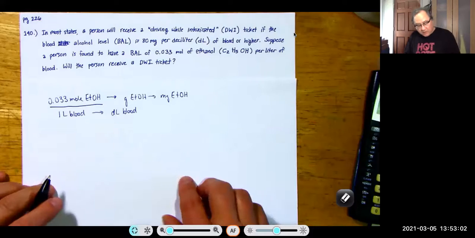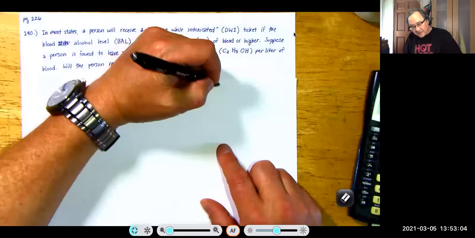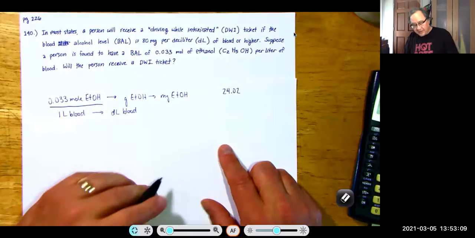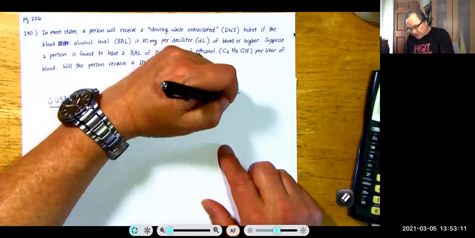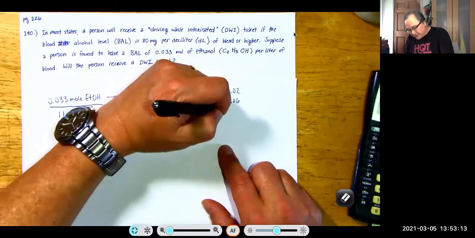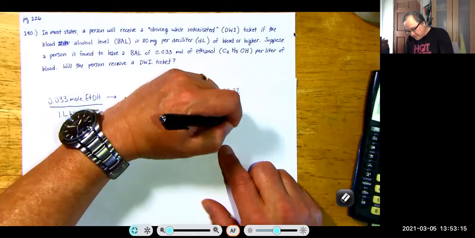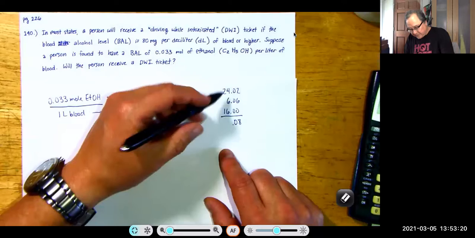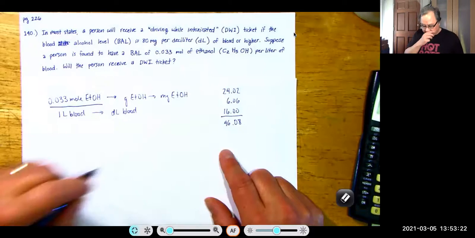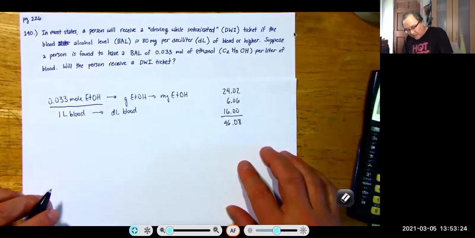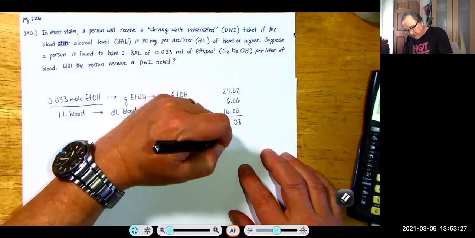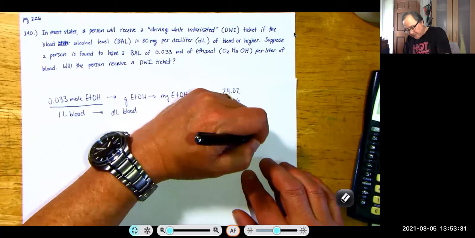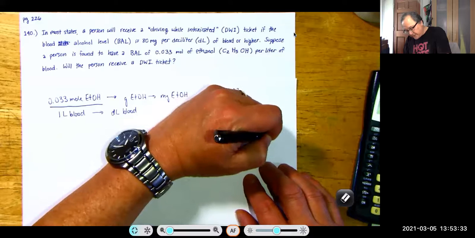And we need the molar mass of ethanol. The molar mass of ethanol, there are 2 carbons, 24.02, 6 hydrogens, 6.06, and 1 oxygen. When we add these all up together, we get, let's see, 46.08 grams. We also need to know that 1 deciliter of blood is equal to 1 times 10 to the minus 1 liters of blood.